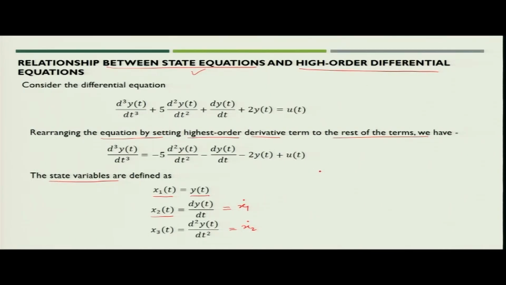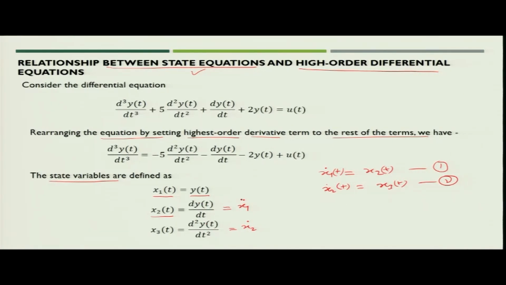So, what you have got now, x1 dot equal to x2(t). That is the first equation you have got. Second equation which you have got is x2 dot(t) is equal to x3. So, this is what you have got from these state variable definitions. You first defined x1 as y(t), then x2 and x3 are nothing but dy/dt and d2y/dt2.